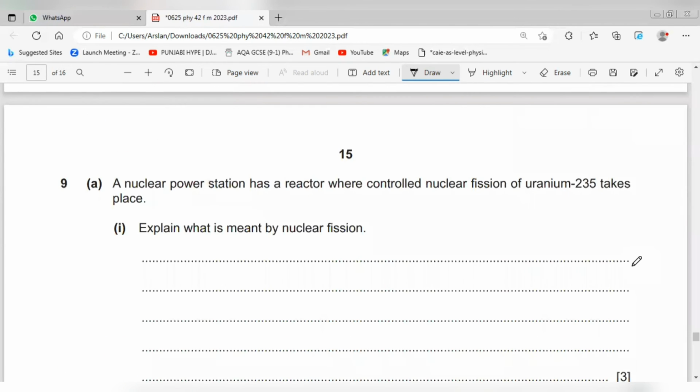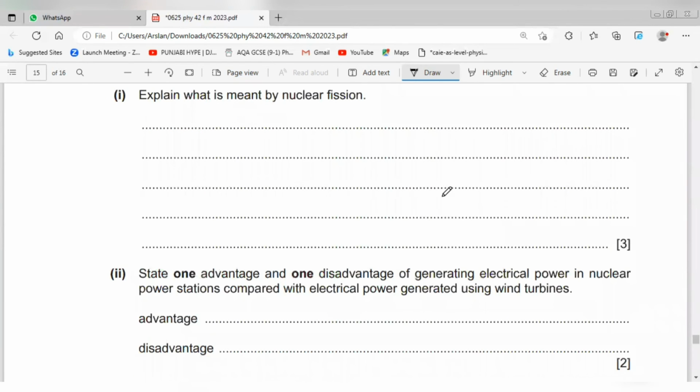Question number 9. A nuclear power station has a reactor where controlled nuclear fission of uranium-235 takes place. Explain what is meant by nuclear fission. You will write the nuclear fission in detail, so you will get 3 marks.